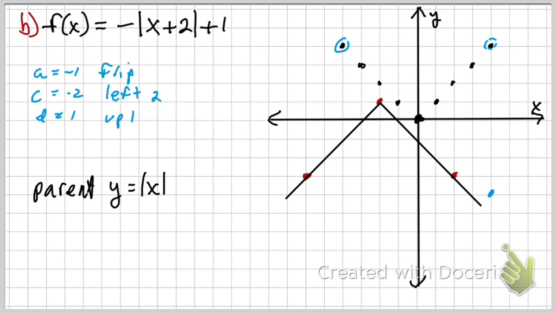This can get real confusing if you don't have a method to do it. So that one, we just need 3 points to really translate it. So it flipped, it moved to the left, it moved up. It being the parent function.